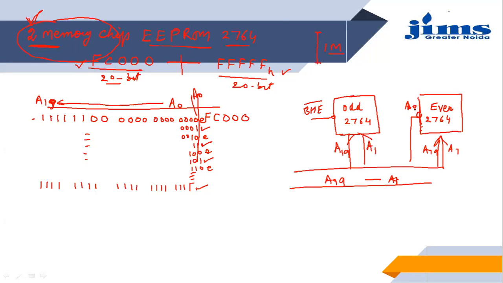In this case, A0 will be treated as an odd address because it will be 1. A0 will be equal to 1 in this case. So you have that basic idea.